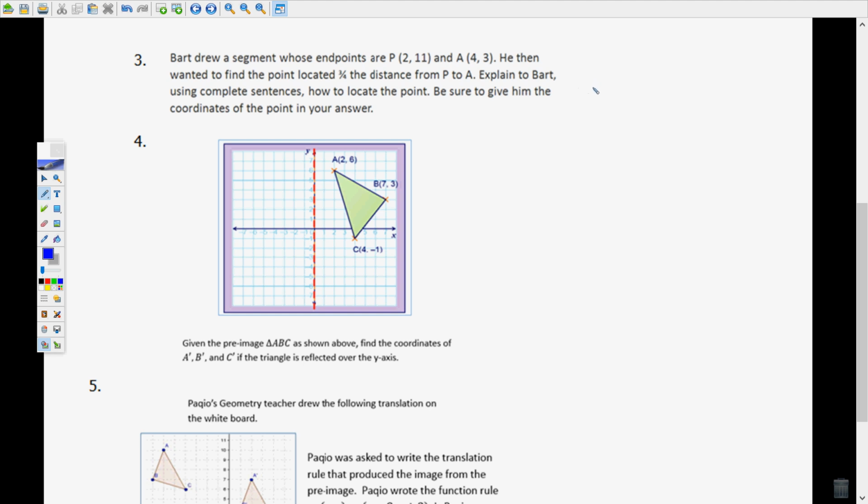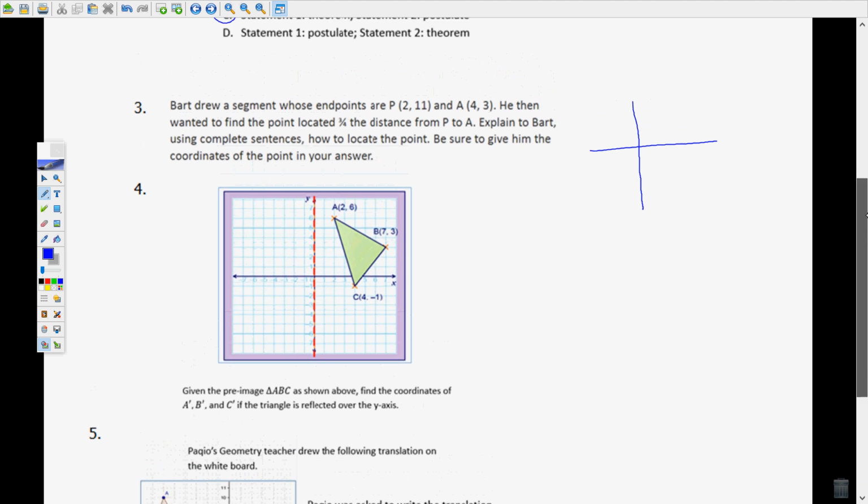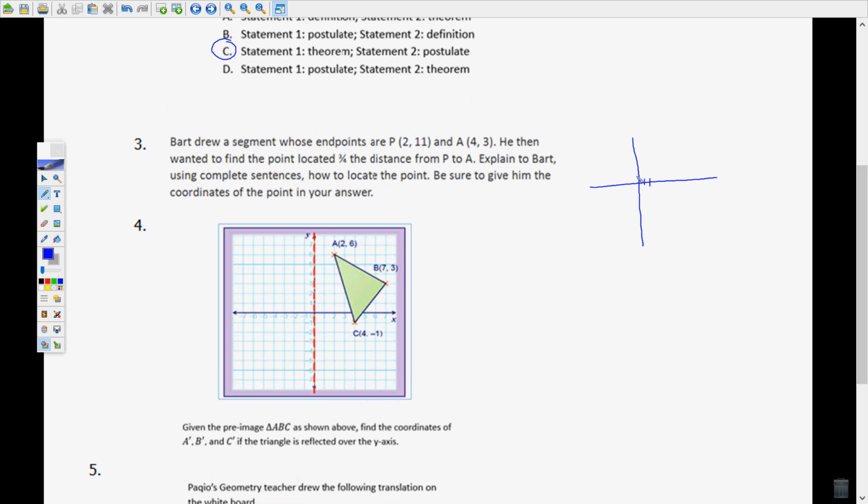But I'm going to show you a more simple way to do this problem, and it is by finding the midpoint between P and A, and then finding the midpoint between that midpoint and A, and I'll explain. Let me show you in a picture. If you draw P at, this will be kind of messy, (2, 11), and it's not going to be perfect, it never is.